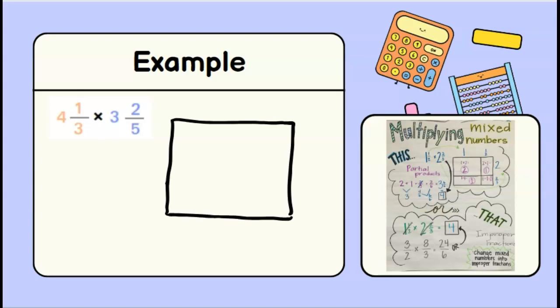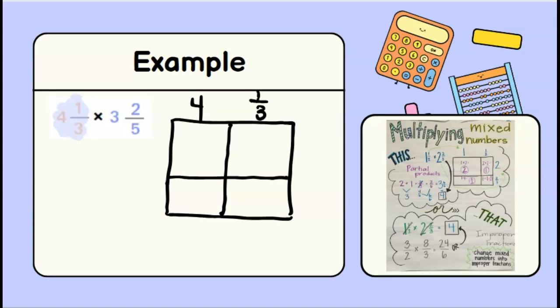I'm going to divide it into 2 columns and 2 rows. I'm going to take my first factor and write the integer over the first column and the fraction over the second column.